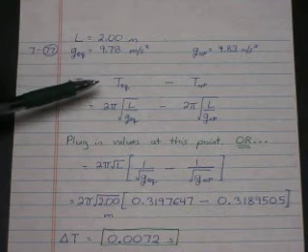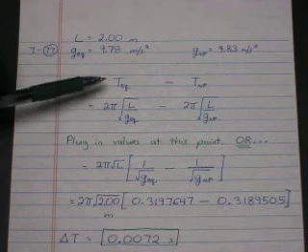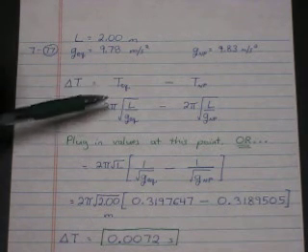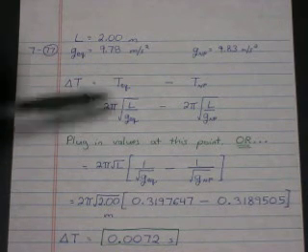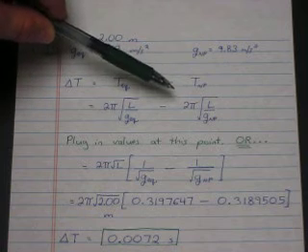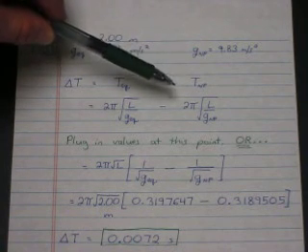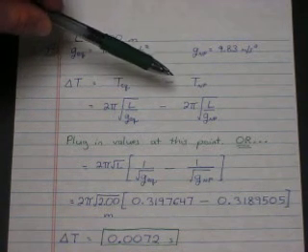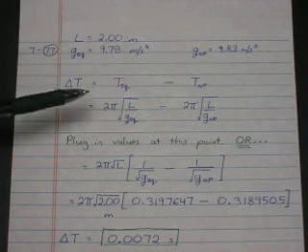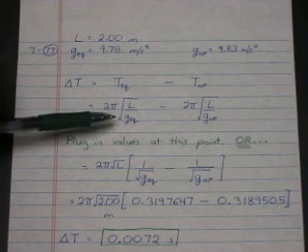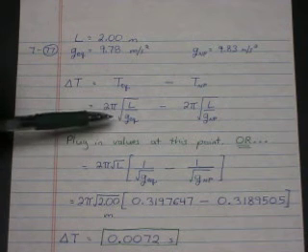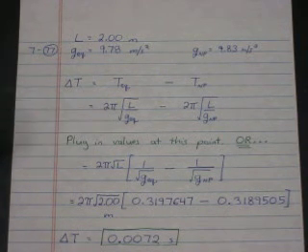So, let's plug in our formulas for period. Period at the equator is 2 pi times the square root of L over g at the equator. Period at the North Pole is 2 pi times the square root of L over g at the North Pole. Now, at this point, you can plug in all the values. You know L of 2 meters, you know the two different g's. You can plug in all the values and get the answer.